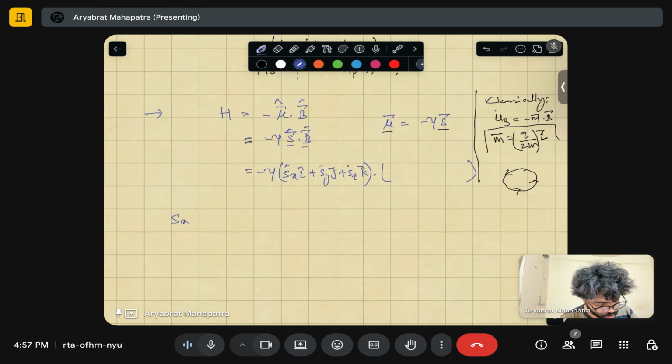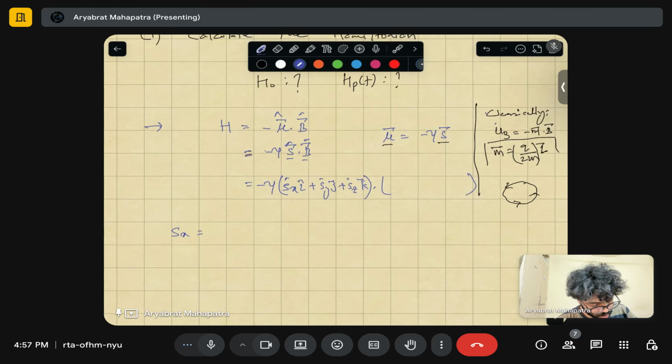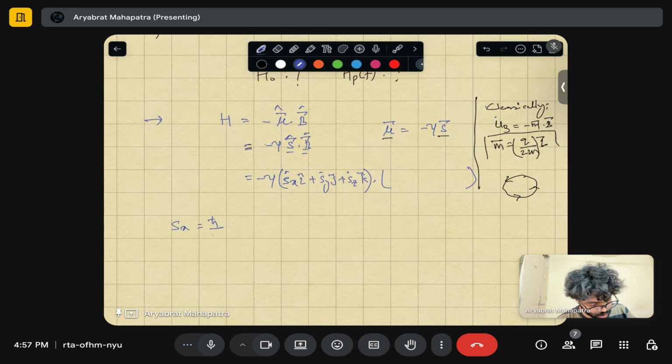You remember, this Sx we can write in the form of Pauli matrices. This is h bar by 2 sigma x, which we have also discussed previously. For a spin-half particle, the spin operators are given like this: Sy is h bar by 2 sigma y, and Sz equals h bar by 2 sigma z.